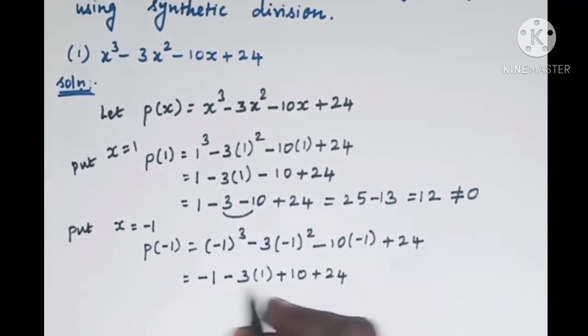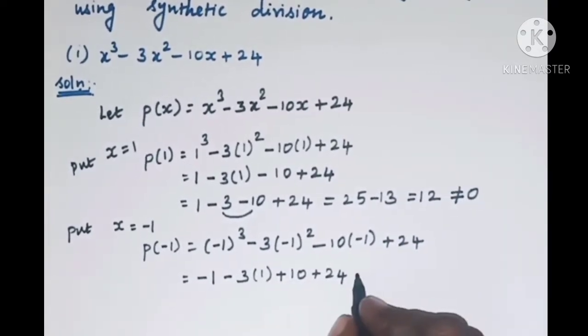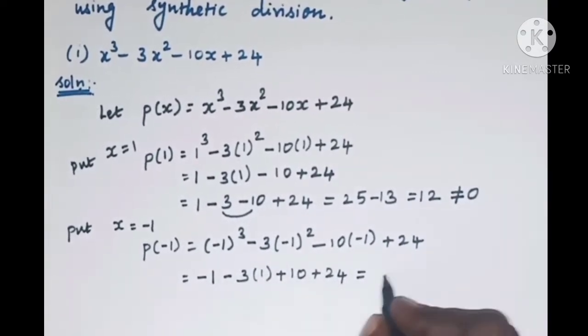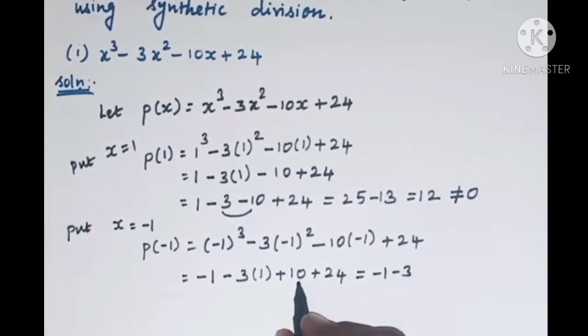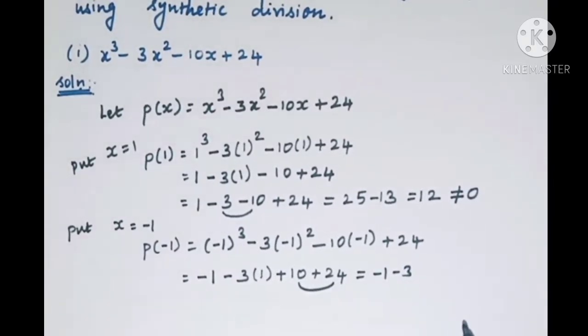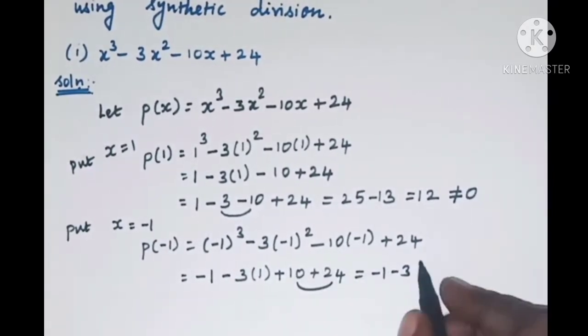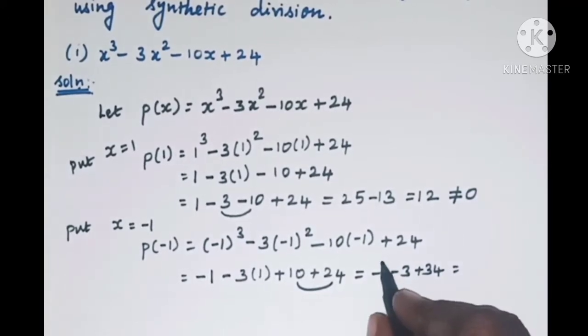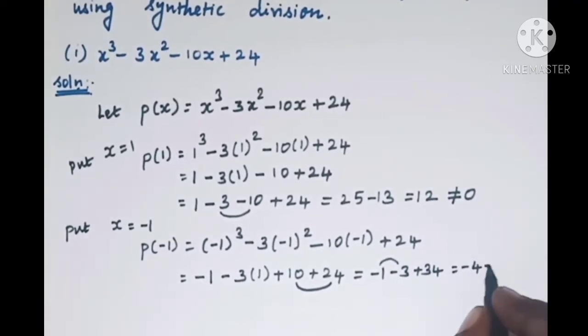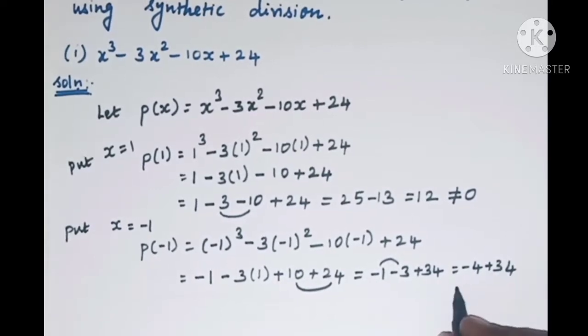Now simplifying this, minus 1, 3 ones are 3, minus 3. These two symbols are in positive sign, so adding these two numbers, we will get 34. So minus 1 minus 3 will become minus 4 plus 34, which is equal to 30.